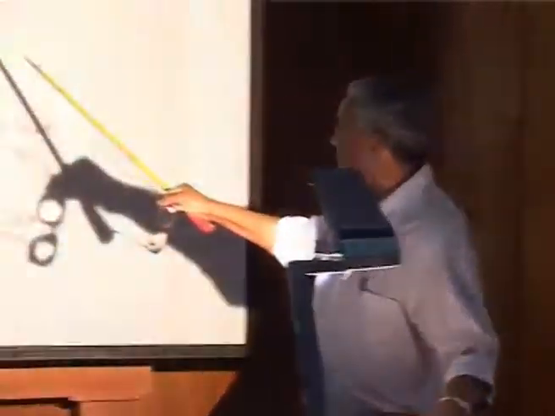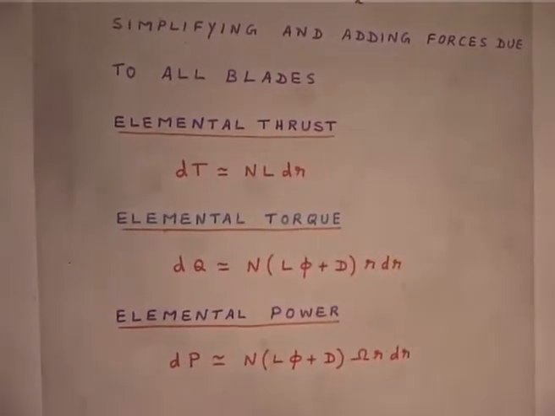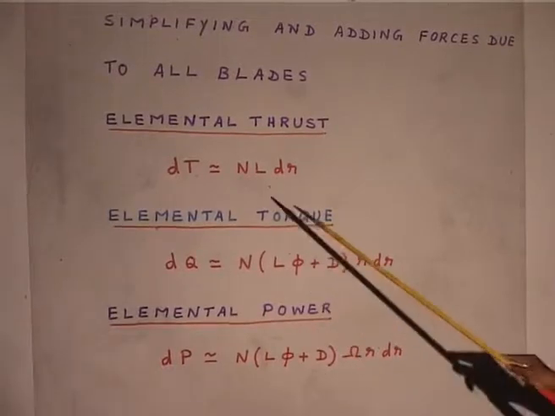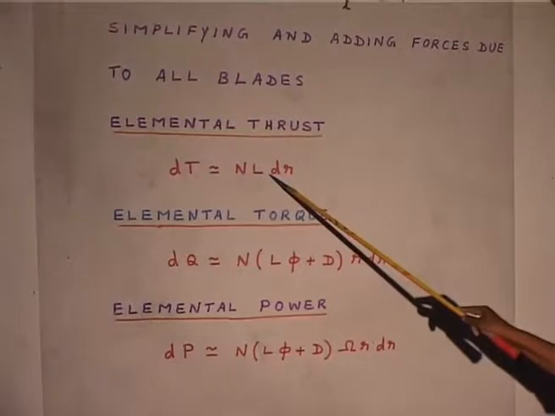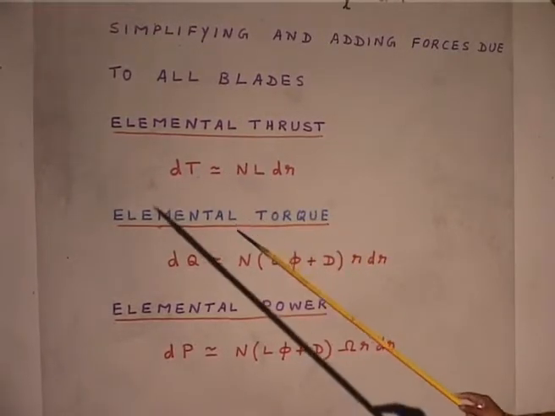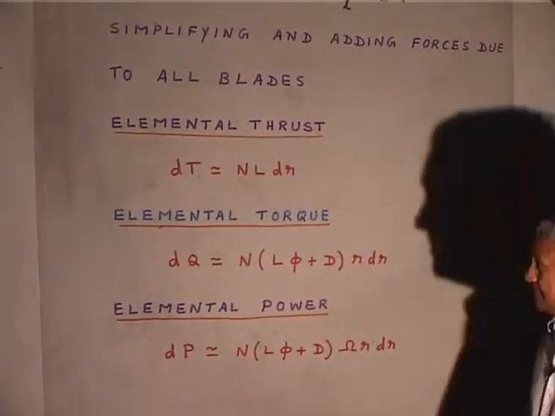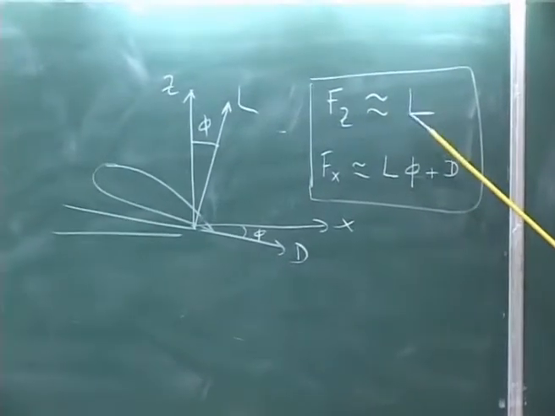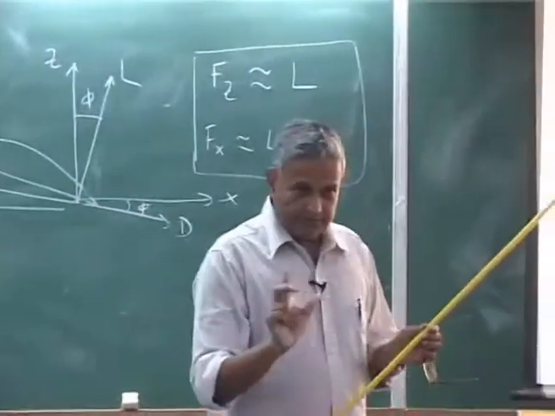I put it on elemental thrust, because this is just to indicate to you what all we have done. L dr, L is lift per unit span, this is dr, here I have modified slightly, and N is the number of blades. dT is actually thrust, which is Fz. This is per unit area, so I multiply by dr, is it clear?